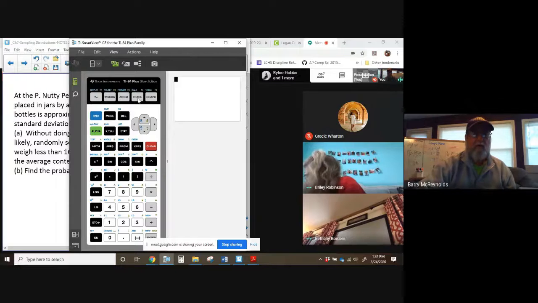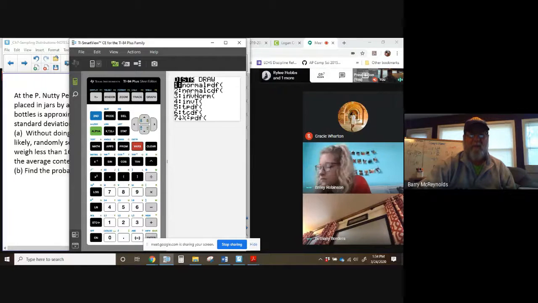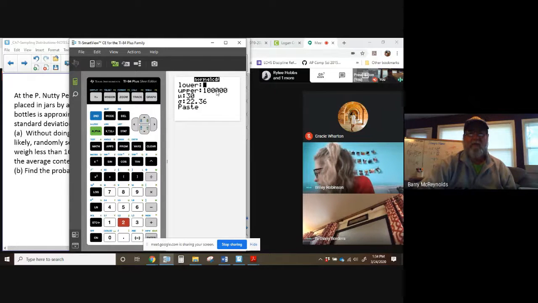Okay, so to do this calculation without table A, I'm going to go to second function distribution. I'm calculating an area. I want to know the probability to the left of a particular value. So in the first calculation, I'm going to use Normalcdf for cumulative distribution function. My lower goalpost, since I'm looking at a left tail, is a really small negative number, so negative 10,000 ought to do.